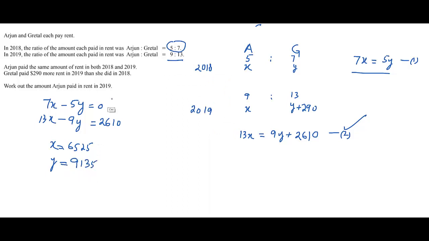Now we have to work out the amount Arjun paid in rent in 2019. Arjun paid the same amount, so it is $6,525, and Gretel paid in 2019 $9,135 plus 290.